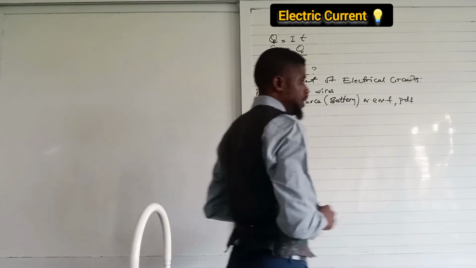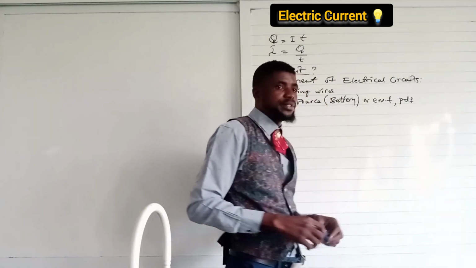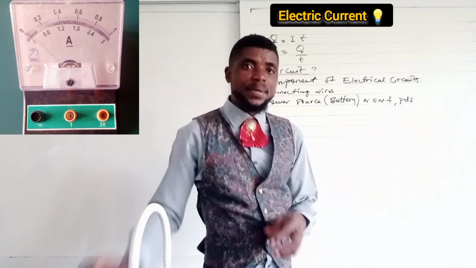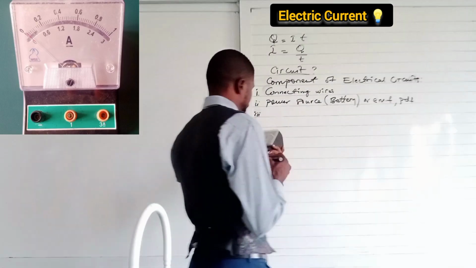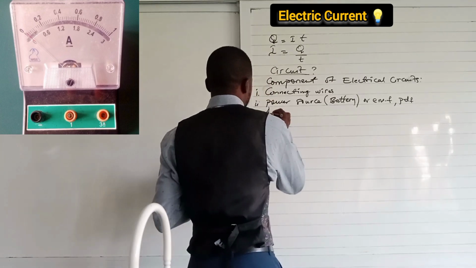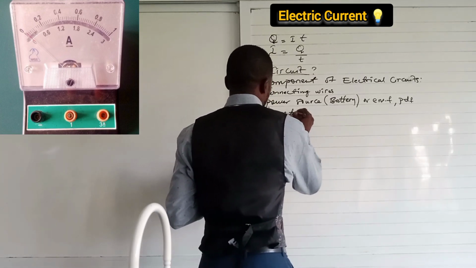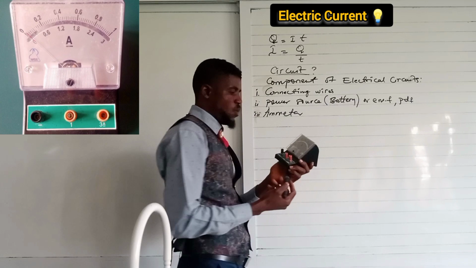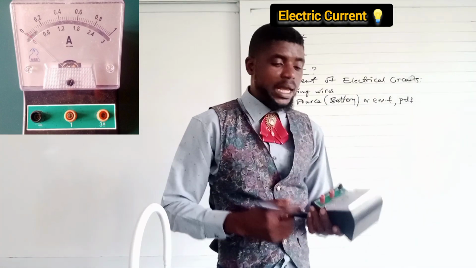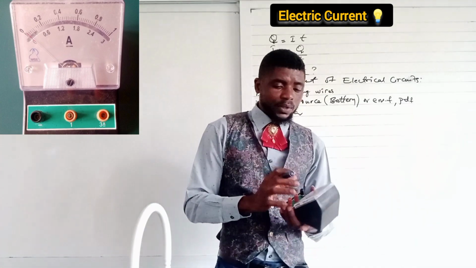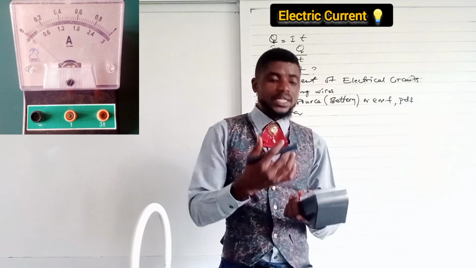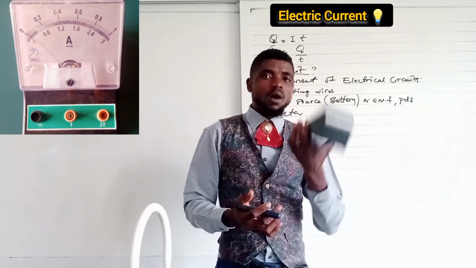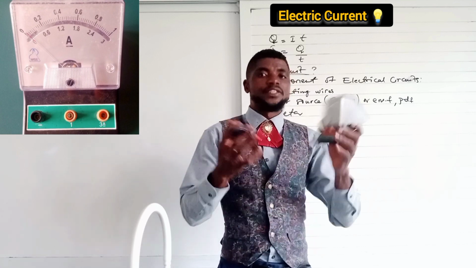The next component that we are going to look at is the ammeter. The ammeter is a very, very important component. What is the function of the ammeter? The ammeter is connected in the electrical circuit so as to read the current that flows through the circuit.